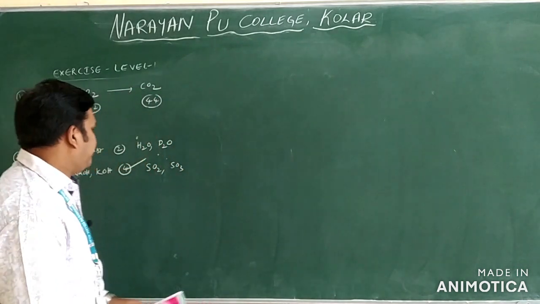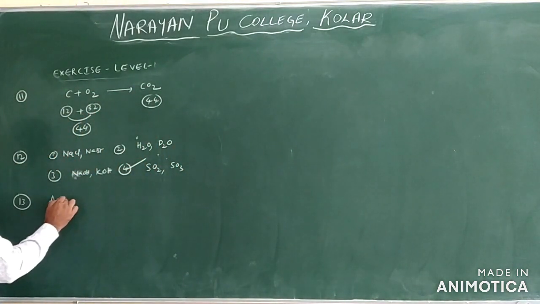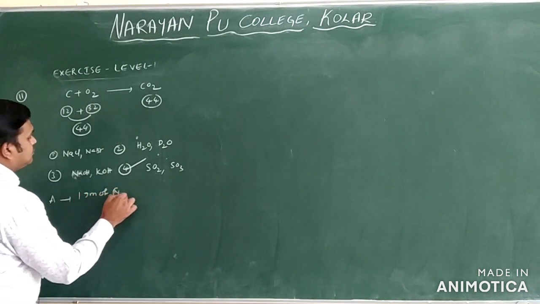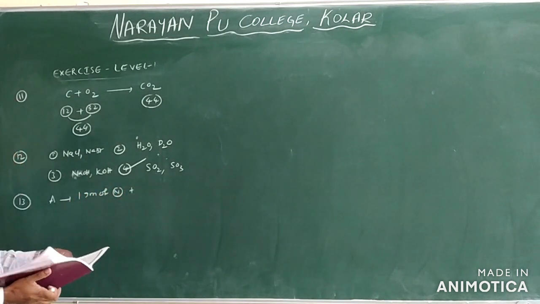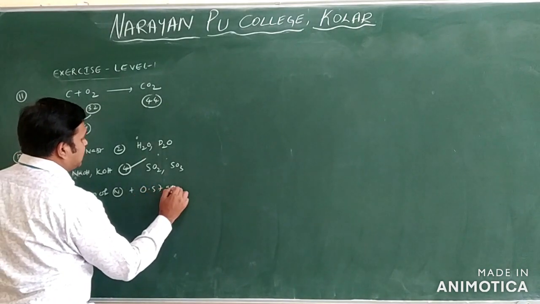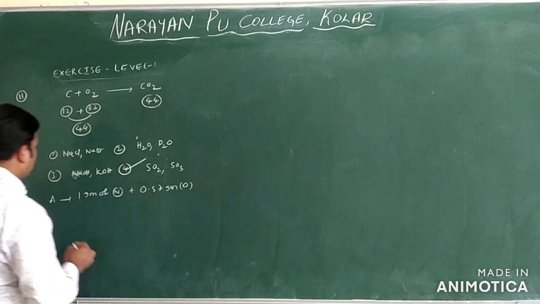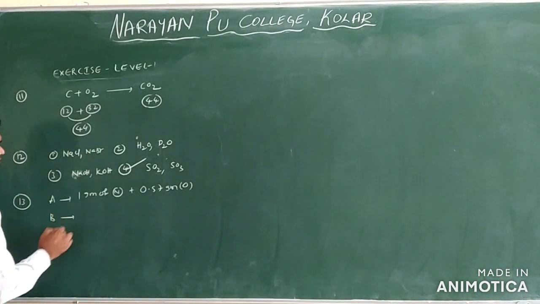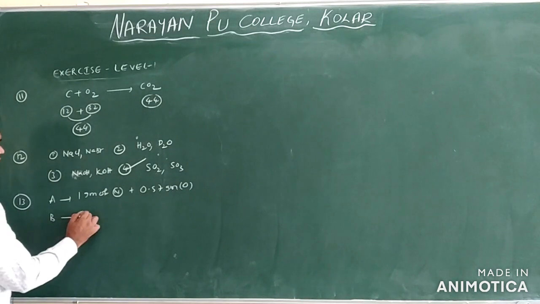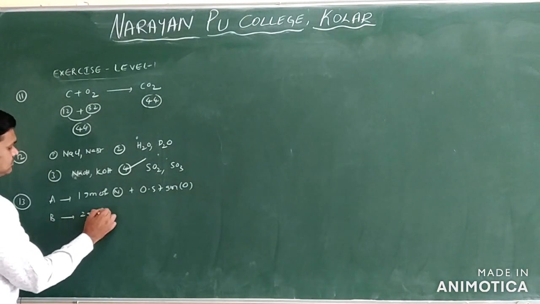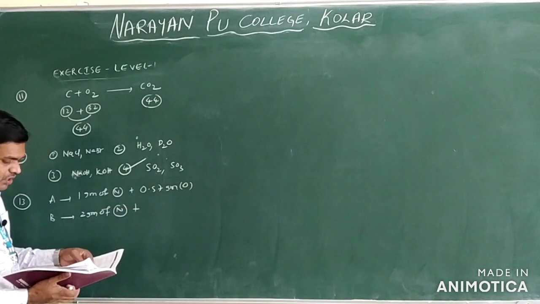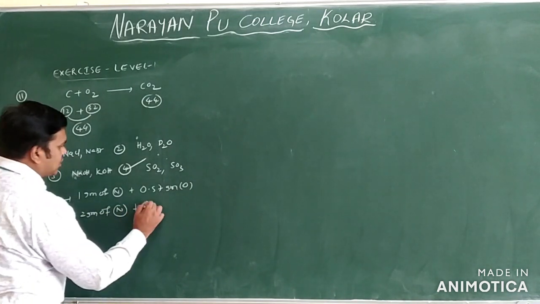If we take compound A, 1 gram of nitrogen combined with 0.57 gram of oxygen. Come to B compound, 2 grams of nitrogen combined with 2.24 grams of oxygen.